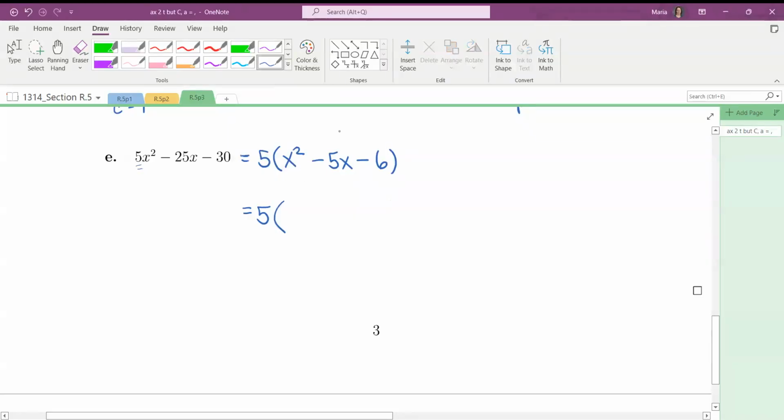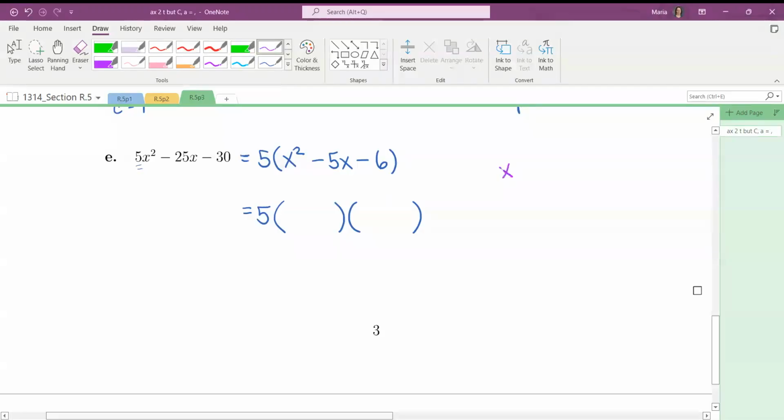The x squared minus 5x minus 6 is going to break down into something times something. It has the format of 1 times x squared plus or minus a number times x plus or minus a number. So we can use the technique we just did on this particular thing in parentheses.